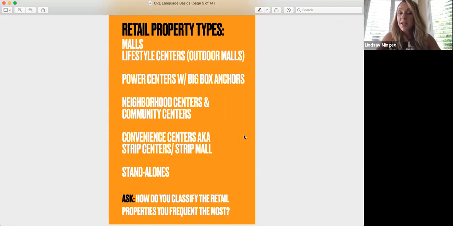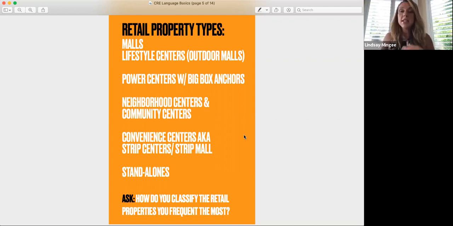Power centers are retail centers where they have what we call big box anchors. Those are your Best Buys, your Barnes and Nobles, Kohl's, Target. Power centers where they have an anchor, those large retailers, and then we call it inline space, the other adjacent retailers that are next to it, right?